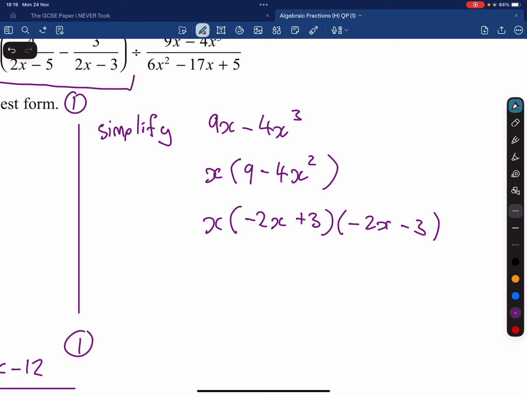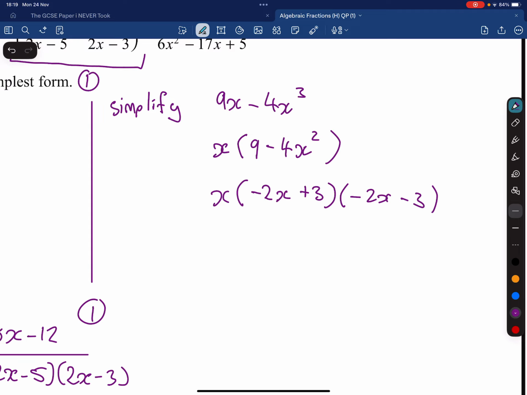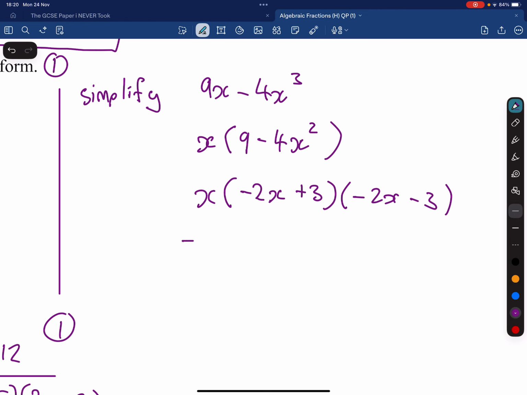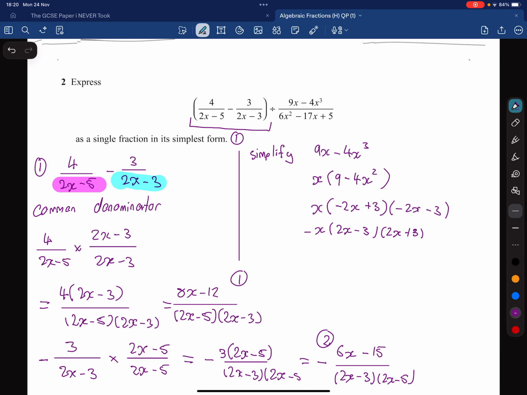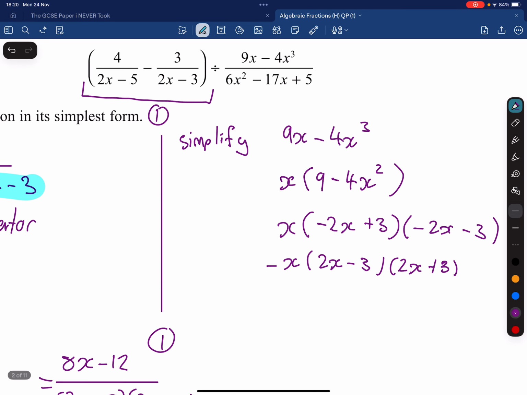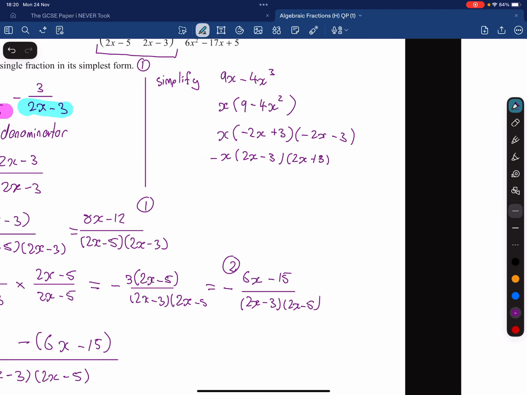But I can actually bring the negative symbol out of here now. So I can go minus x, and then we would have 2x minus 3, 2x plus 3.